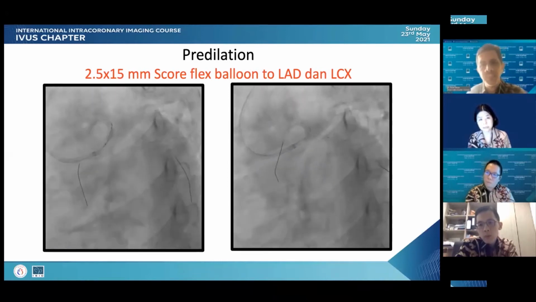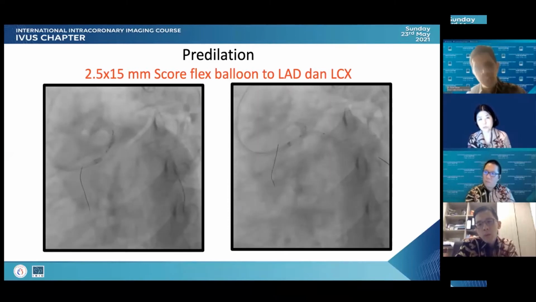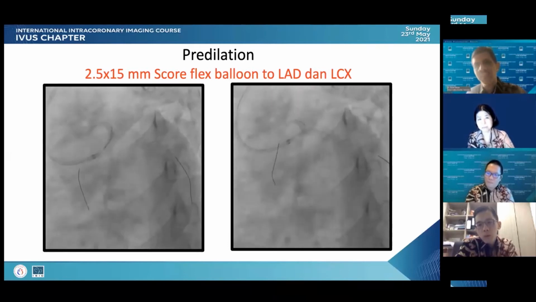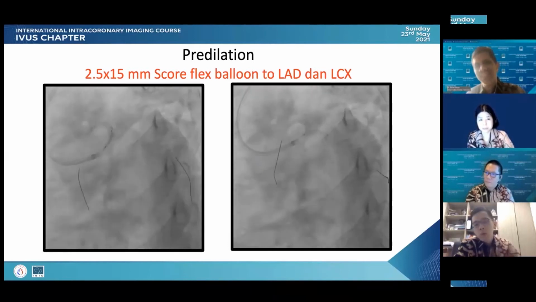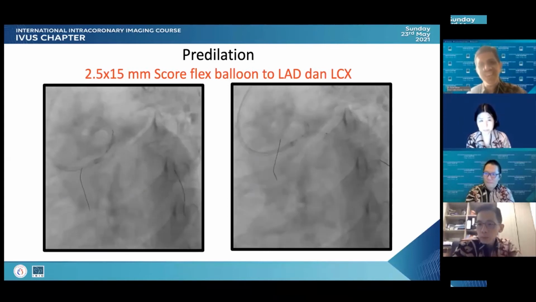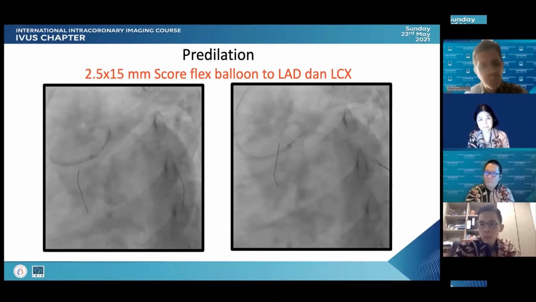So we don't know yet what the best strategy is to treat the calcified nodule. But going back to your answer, I don't think that's a very big concern because the relatively normal segment is stretching well.